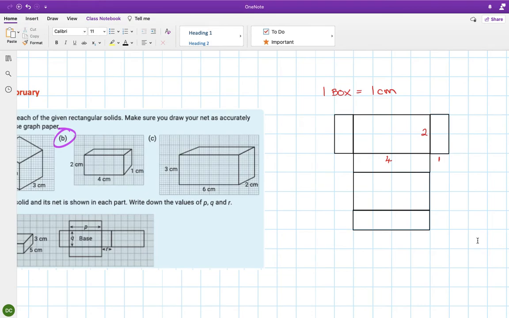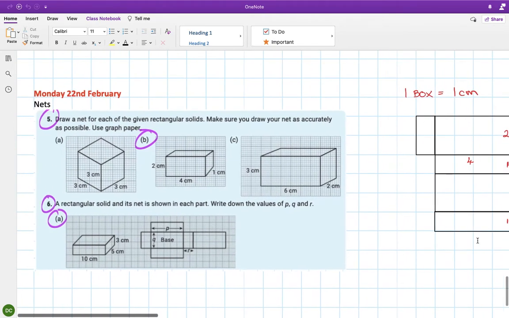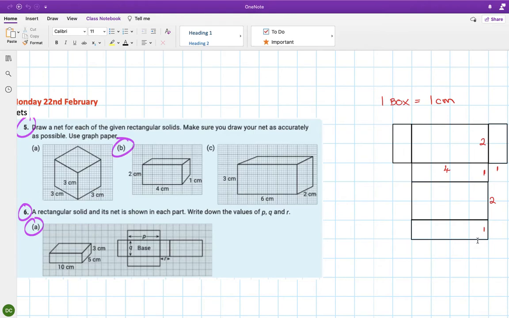There you go. I'll throw in a few more measurements here. So this is a 1, this is a 2, this is a 1, and all of those are 4s. Okay, so that's what it should look like. That's question 5B.